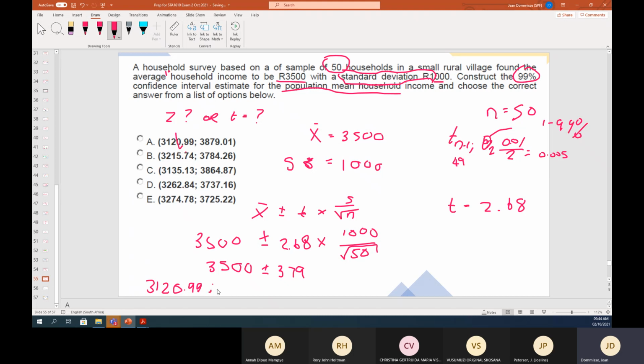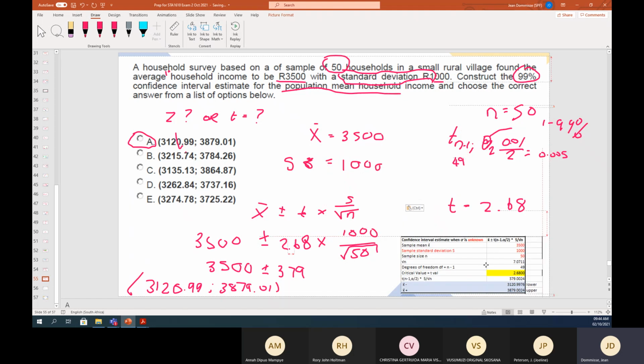And then your top one will be 3879.01. Okay, so it's exactly spot on that. Okay, let's quickly copy that in as well.